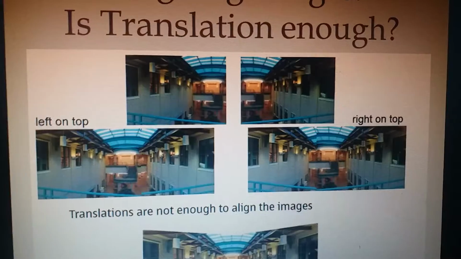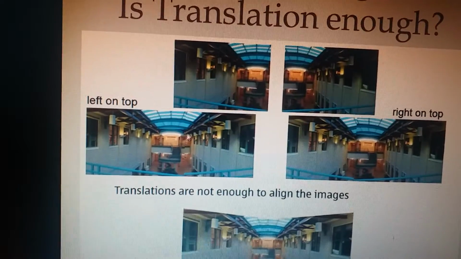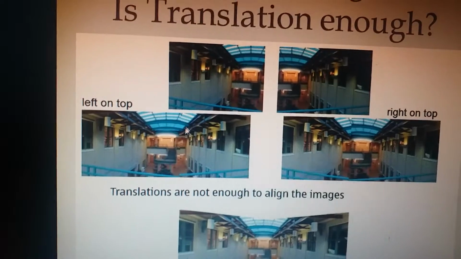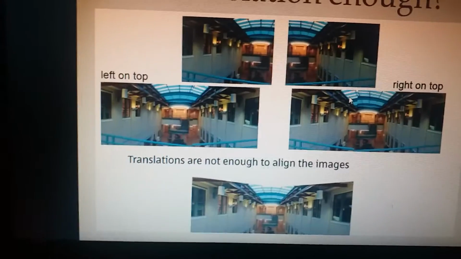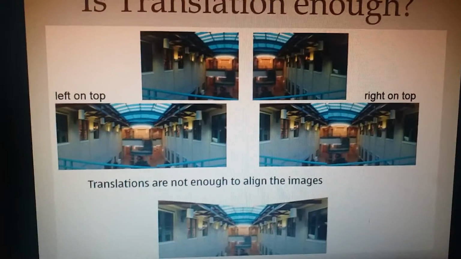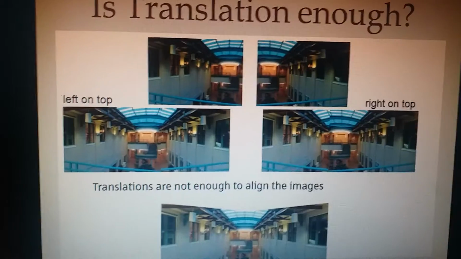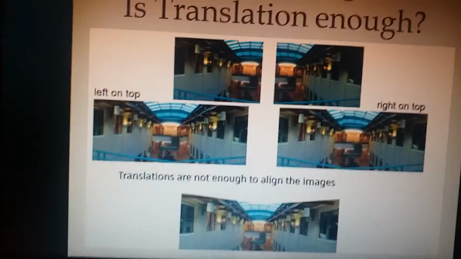Over here, you can notice that there's a small line which shows the distortion, and over here also there's a small distortion. So by this we can understand that translation is not sufficient to create a panorama.